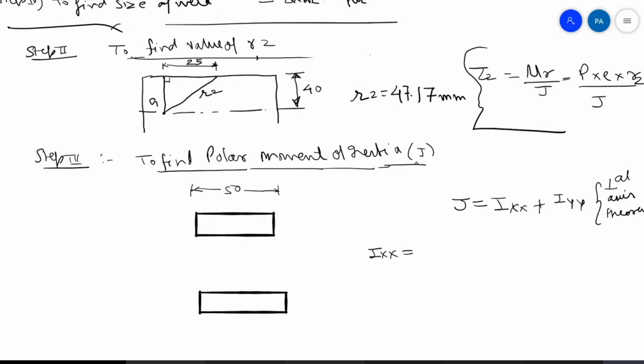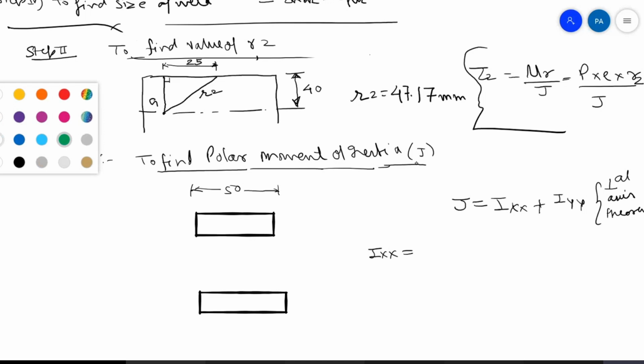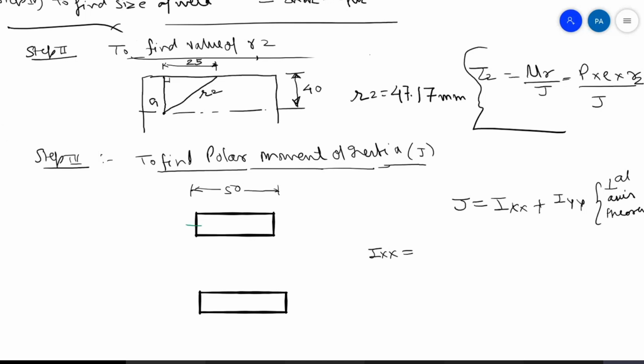Okay. Now where we have to find this moment of inertia? About its own CG or about the CG of the weld system? This is the CG of this weld and this is the CG of this weld. So what I will do is I will say this is xx1, and this is xx2.